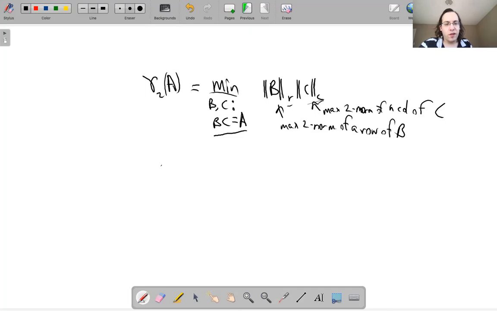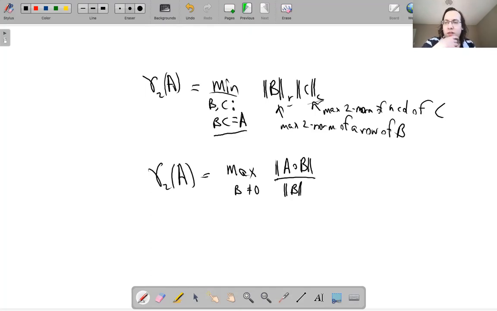There's another equivalent definition. The gamma 2 norm of A is equal to the maximum over matrices B that are not equal to 0 of the spectral norm of A Hadamard product B, divided by the spectral norm of B. Check the notes again to double check that I got it right.